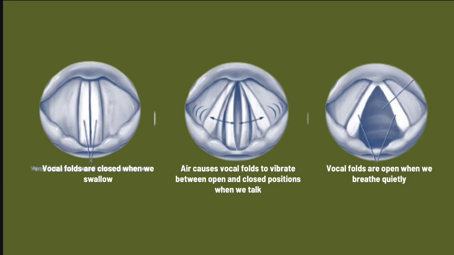Okay, now for the very last position, we have the closed position. This can produce the glottal stop. The vocal cords can be brought together tightly, preventing air from passing through them for a moment. So the air becomes compressed below the vocal folds, and when they suddenly open, the compressed air bursts out with a gentle coughing noise.